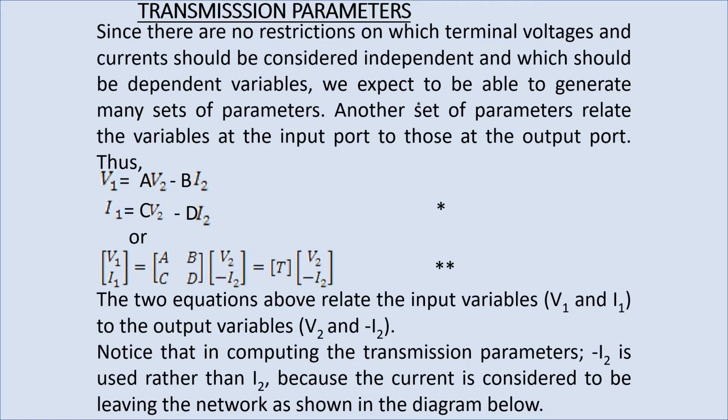So we can see that our input variables V1 and I1 are the dependent variables, and our output variables V2 and minus I2 are the independent variables. We should also notice that in computing the transmission parameters, minus I2 is used instead of I2. We have the negative I2 because the current is considered to be leaving the network, as we will see in slide 19.